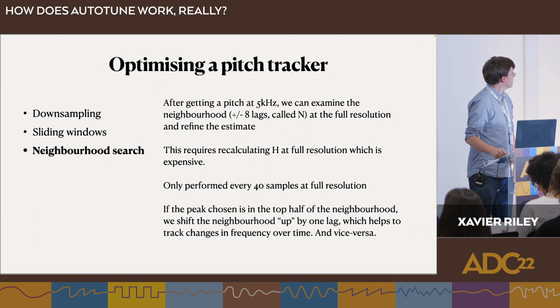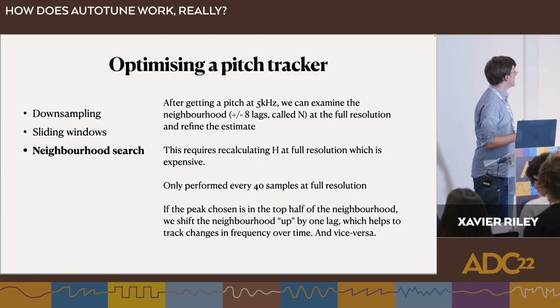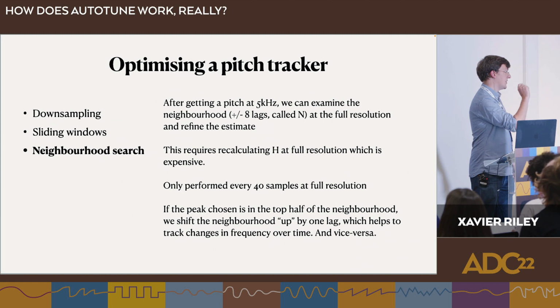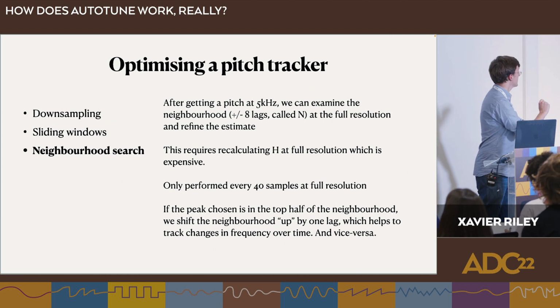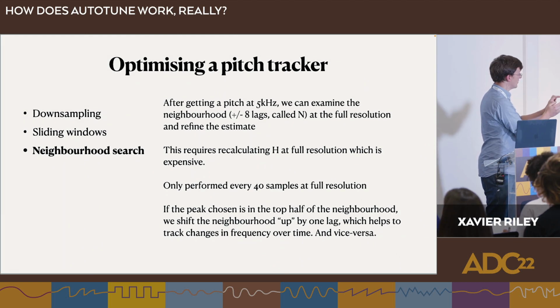And then that will get you decent results, but because you've downsampled, it's not quite as accurate as it could be. So he does a further step, which is once he's figured out the pitch roughly at 5 kilohertz, he focuses in on a narrow neighborhood around his predicted pitch.